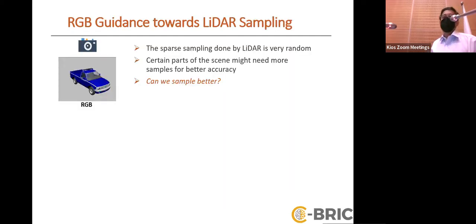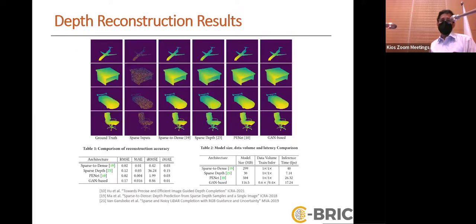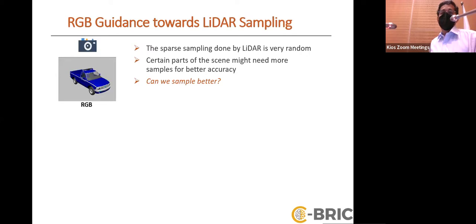So one of the other things that we did is, because we were already doing very well compared to things that were fusing RGB, we started thinking, if we have RGB, would I just take the approach that previous people did? Am I going to take RGB and LiDAR and then fuse them together? No, we thought we would do something different.